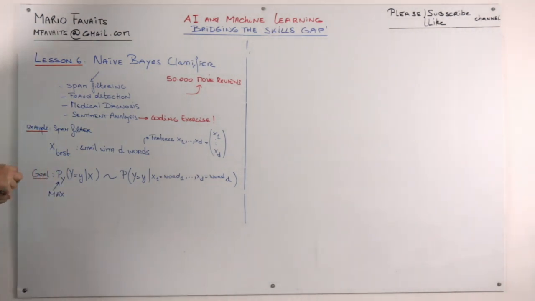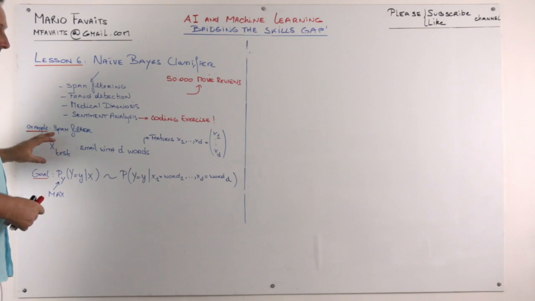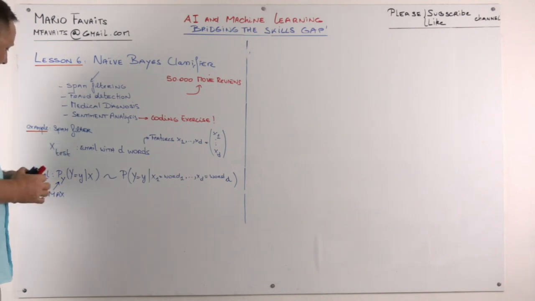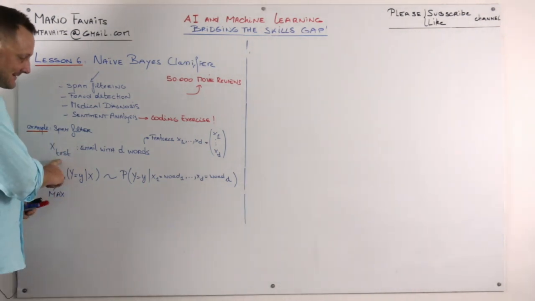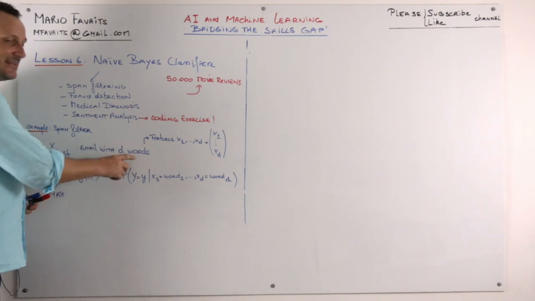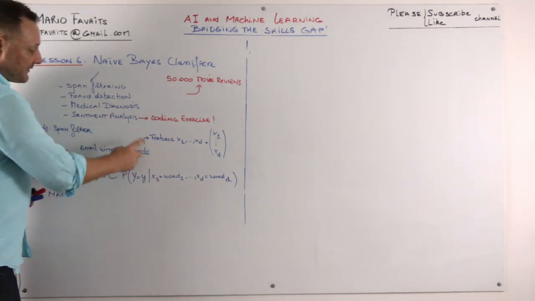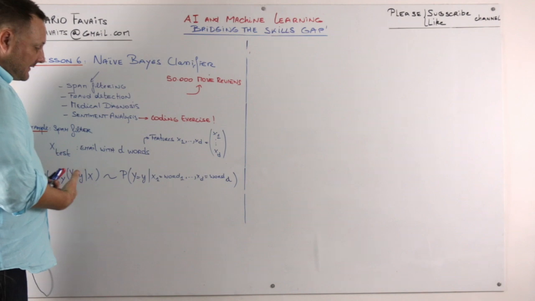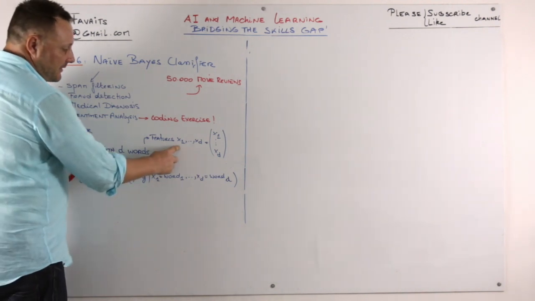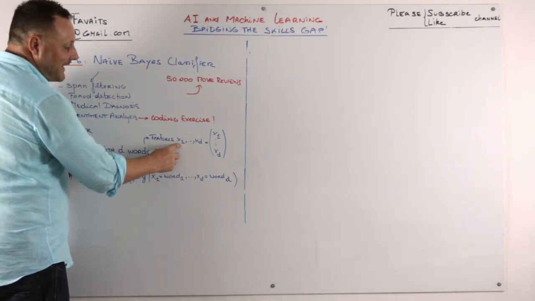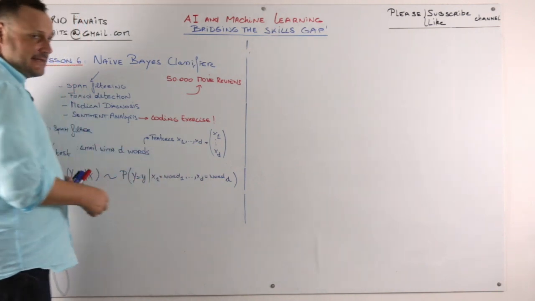Okay, let's continue and derive the formula for naive Bayes, and we're going to use an example, a spam filter. So let's take a test case. We have an email that we call X-test, and that's an email with D words. The words here are the features, and the words are represented by X1 to XD.